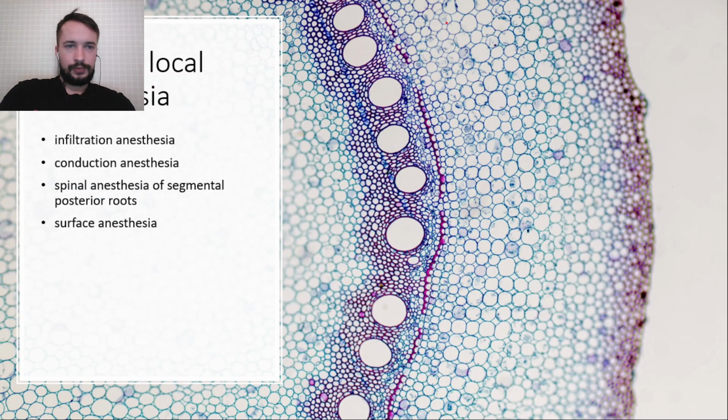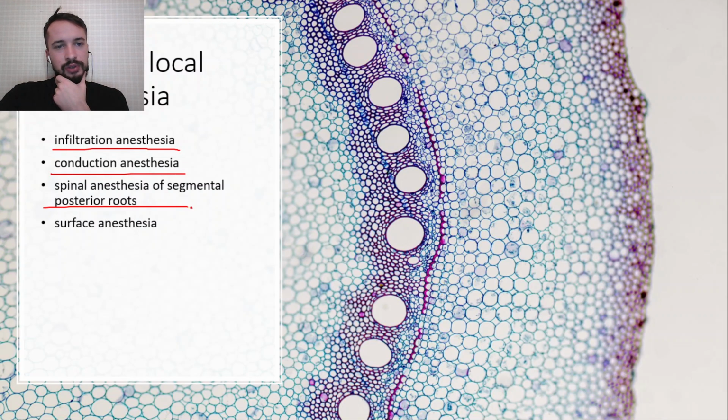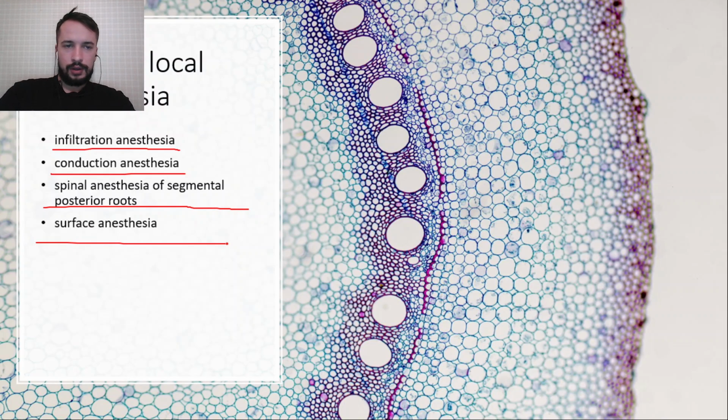The next one. We need to talk about types of local anesthesia. We have infiltration anesthesia, conduction anesthesia, spinal anesthesia, and surface anesthesia. Local anesthetics are used in various ways, including by soaking tissues, for example infiltration anesthesia.